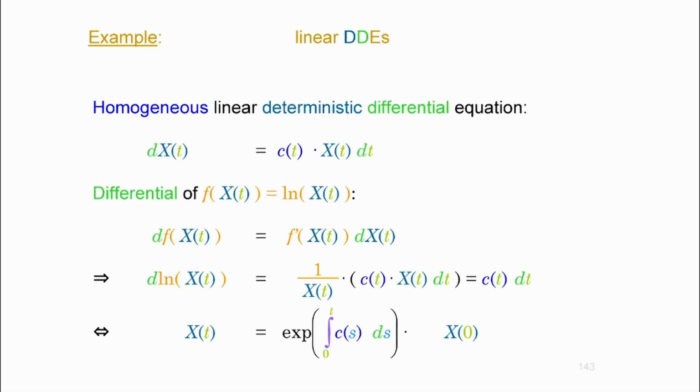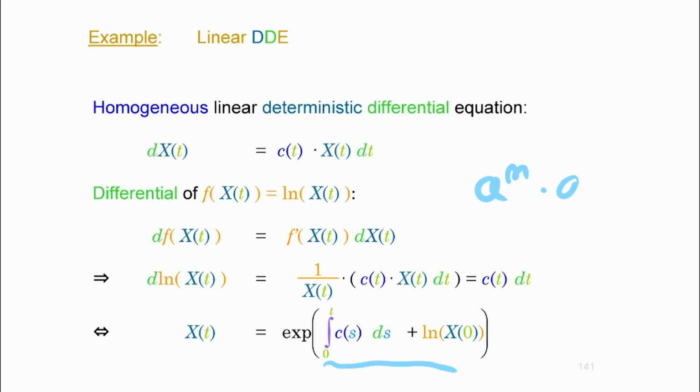Now, this is the exponent, right? And if you add something in the exponent, for example a to the power of m times a to the power of n is a to the power of m plus n. So you have a sum inside the exponent.